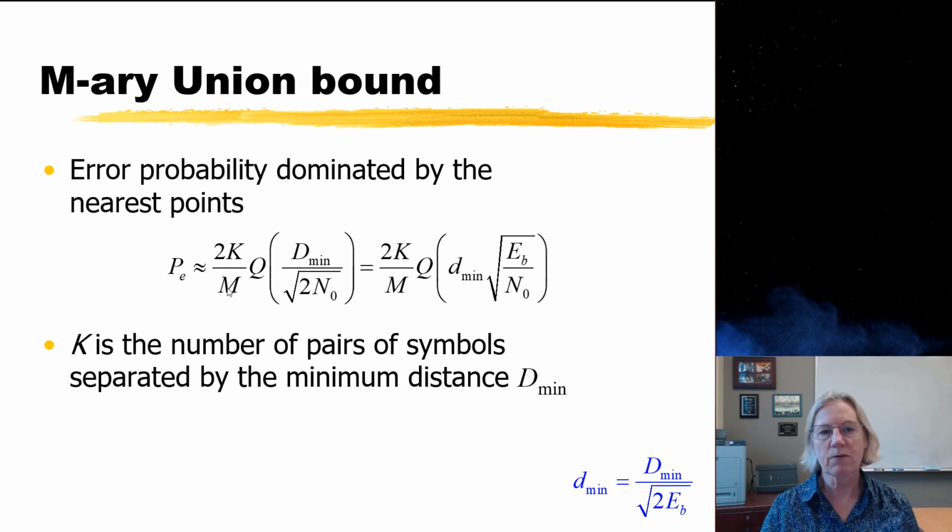For QPSK it was 2, but actually what we're doing is 2 times k divided by m would be the correct multiplicative factor that takes into account the number of pairs of symbols that are separated by the minimal distance. So in the book, they do not give you this derivation of the union bound. However, you will see equations for MPSK and square QAM, and they will match this union bound.